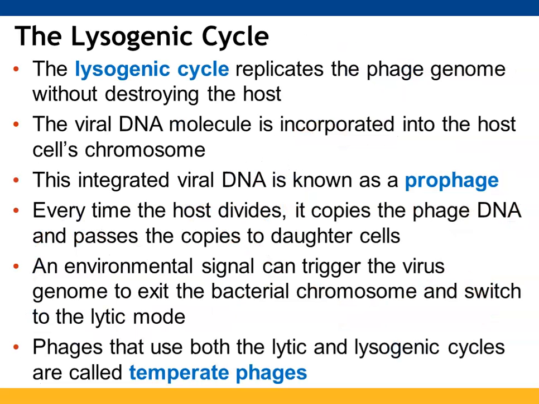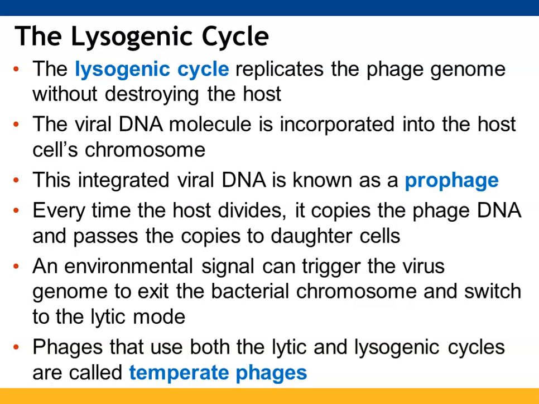The lysogenic phase is able to replicate the phage's genome, but it doesn't destroy your host cell. It incorporates it into that host cell's chromosome, where it's now known as a prophage. So every time that cell undergoes division, it doesn't just copy its DNA, it also copies the phage's DNA.